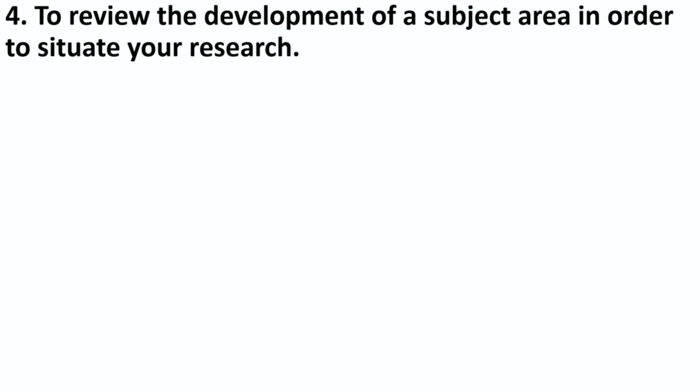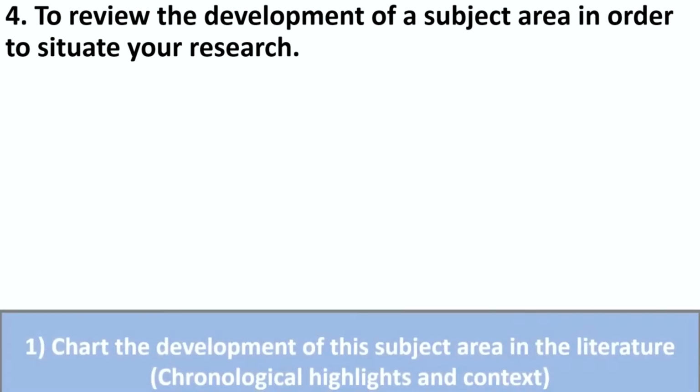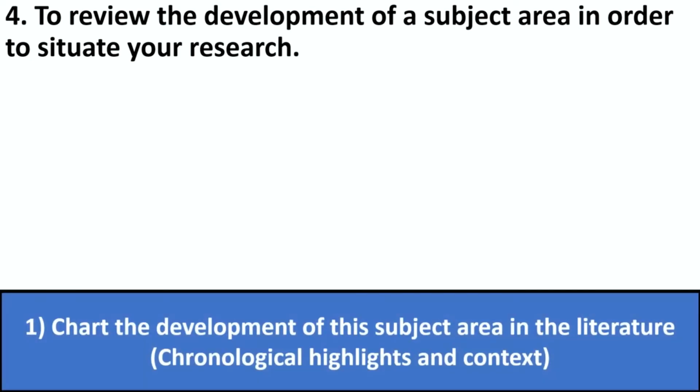So if you are using this fourth aim, you may write your literature review chapter like this. You may start with a chronological account of the key texts and key developments of that particular subject area. The subject area could be female mentors working in the IT industry. So you will discuss the key texts of female mentors working in the IT industry.